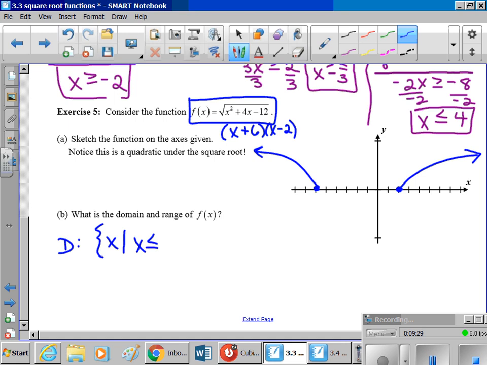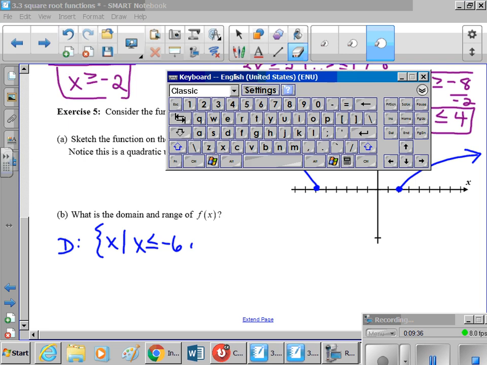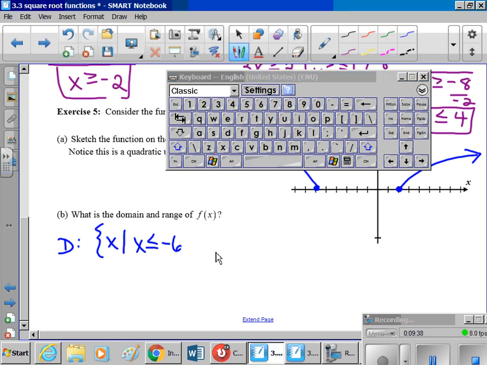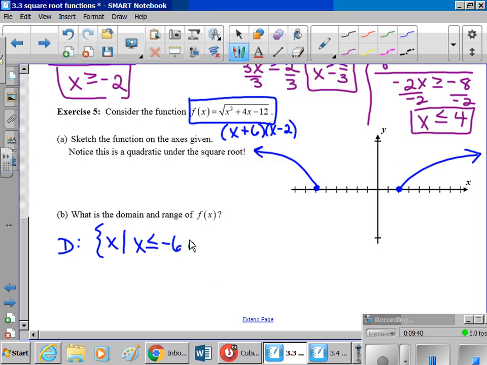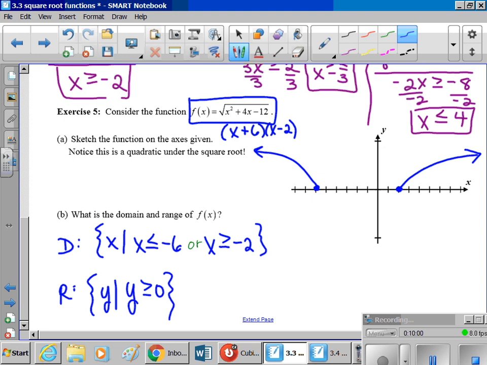We're going to have x is less than or equal to -6, or x is greater than or equal to 2. And the range is actually a little bit easier, because it's y such that y is simply greater than or equal to 0.